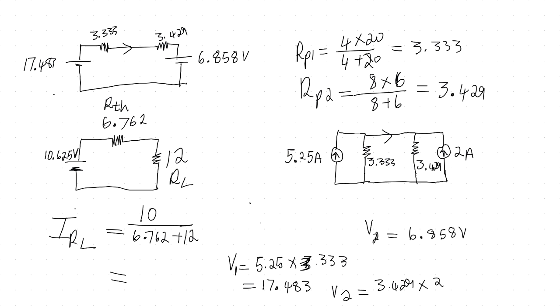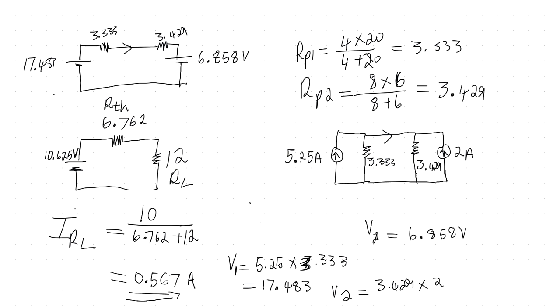It's giving me 0.567. So we got this using what? Norton and Thevenin. Yes, this is what we get when applying Norton and Thevenin.